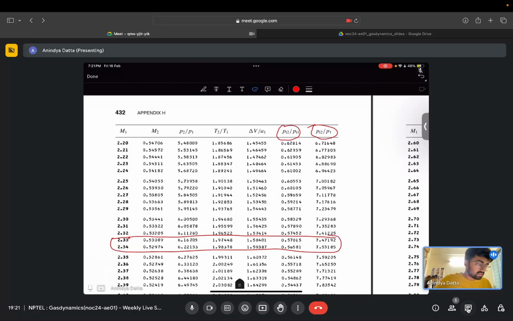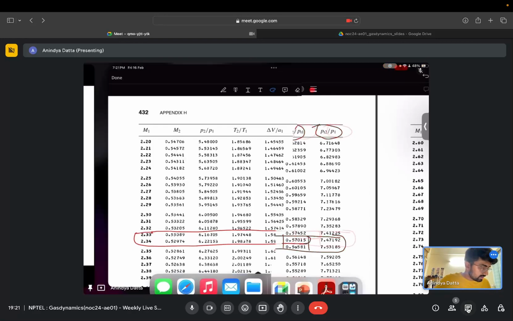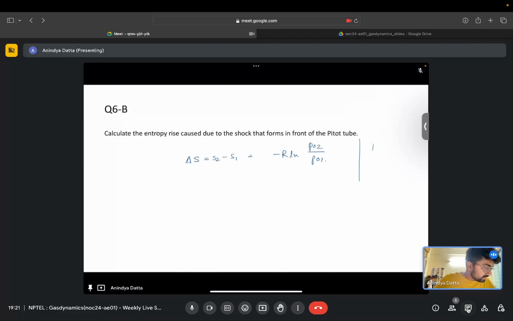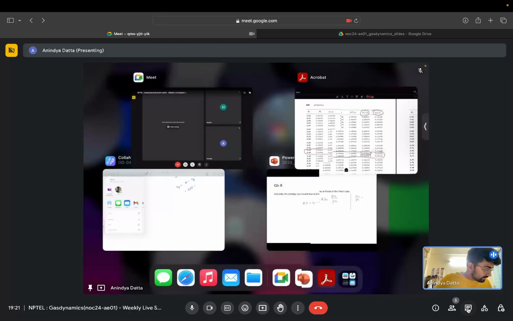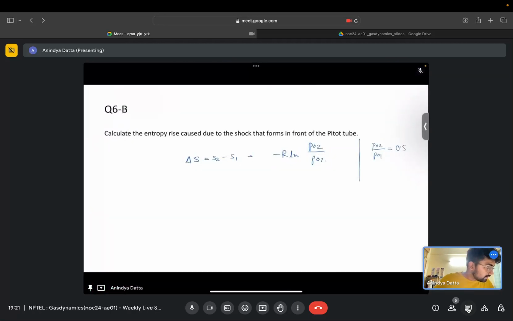We can interpolate the values, or you can just make an approximation. Let me just take the values at 2.33. So P02 by P01 is equal to 0.57 at M1 equal to 2.33 from the gas table.